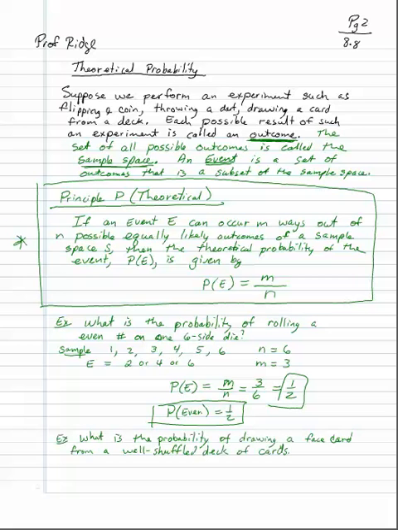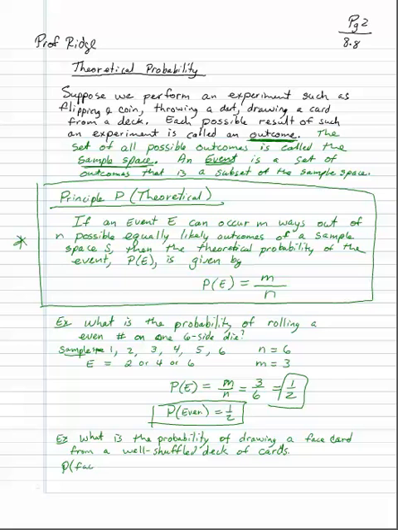Let's try another one. What's the probability of drawing a face card from a well-shuffled deck of cards? Our sample space is you can get any of the 52 cards, one card, so Ace, 2, 3, 4, 5, 6, 7, 8, 9, 10, Jack, which is a face card, Queen is a face card, and King. And then you have 4 suits.